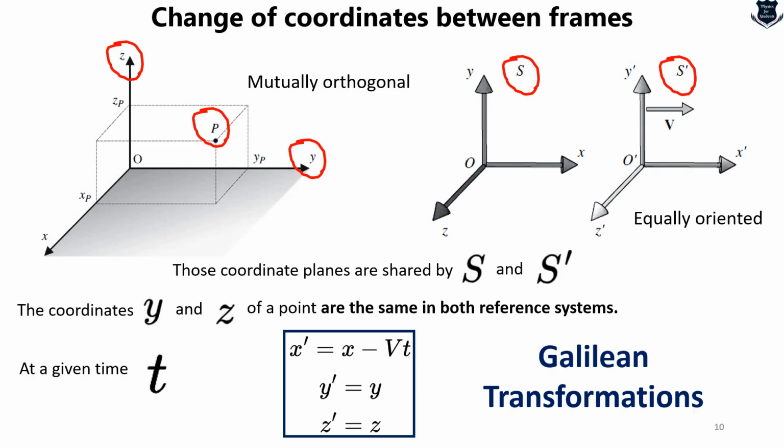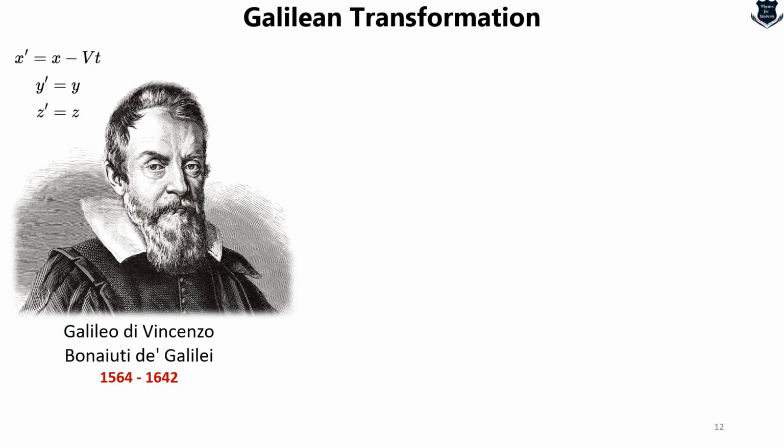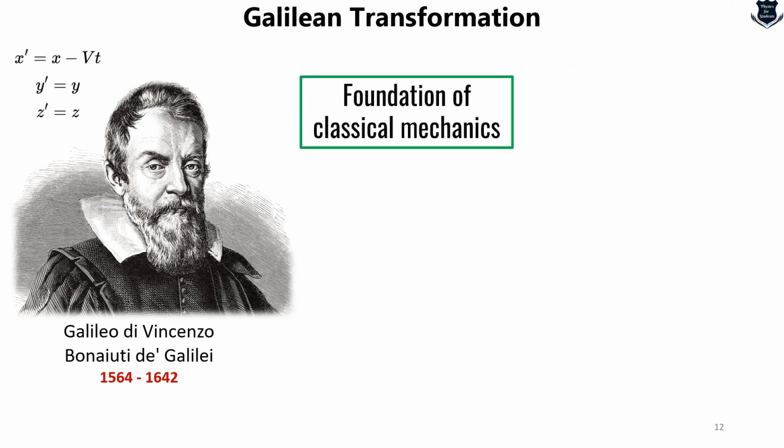Now we will take up the importance of the Galilean transformation in terms of understanding relativity, and then we will look into the mathematics, but this is truly important. Galileo di Vincenzo Bonaiuti de' Galilei was born in 1564. This transformation led to, number one, the foundations of classical mechanics, because it provides the framework for describing motion and interaction between objects.